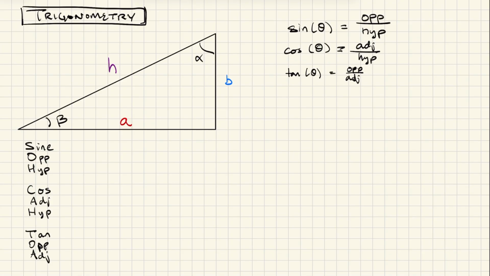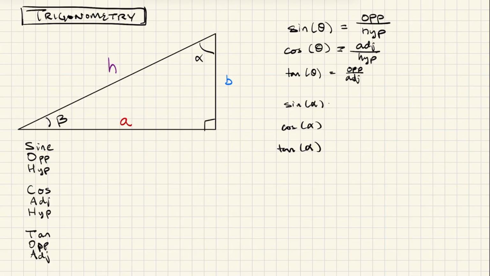And so let's take a second here and write all these out in terms of this particular right triangle we've drawn here. So I'm going to label this right angle here. And let's do sine of alpha, cosine of alpha, and tangent of alpha to start with. And so if I take a look at sine of alpha, I can see alpha is this angle here in the top right.